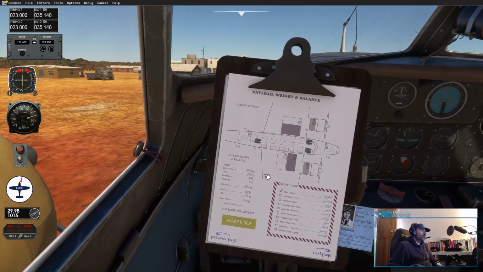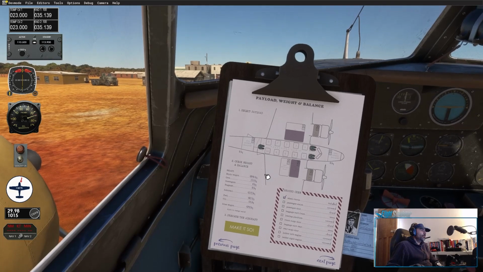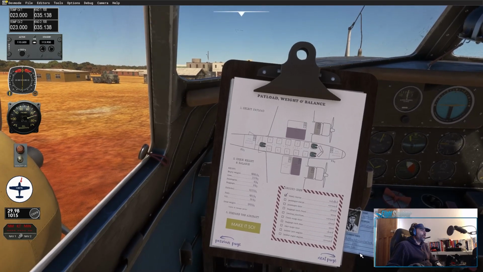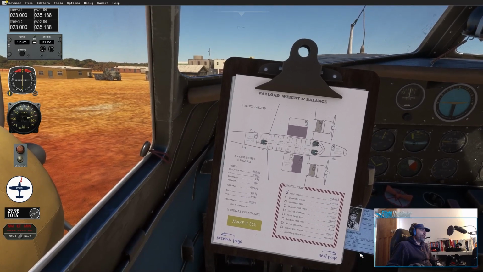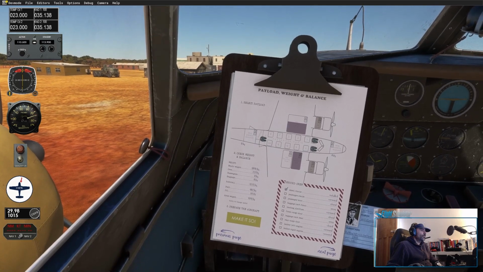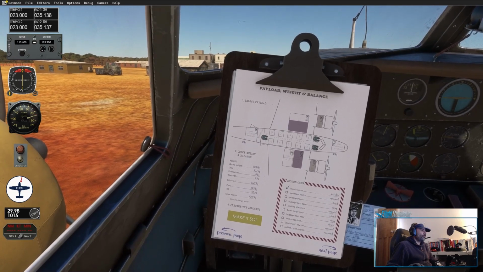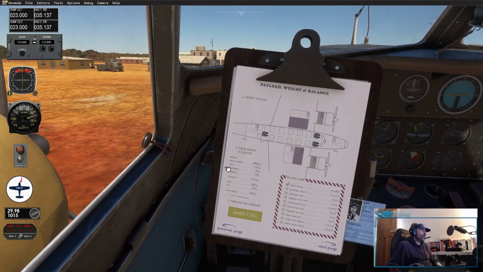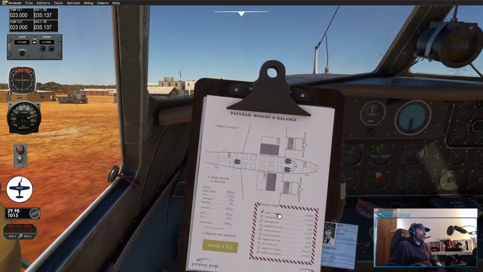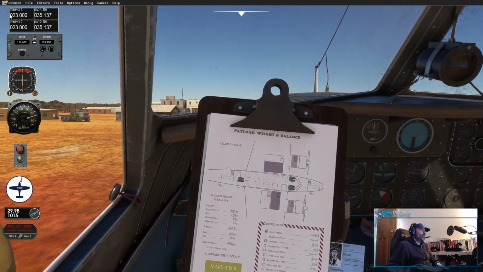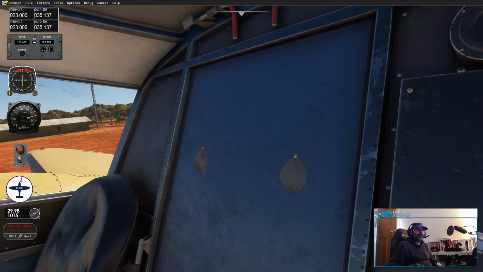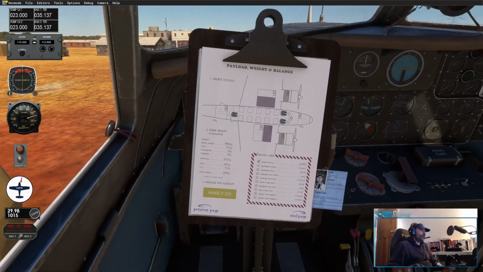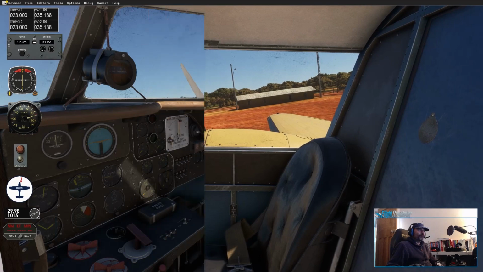I think so. He's refilling the fuel. I'm going to wait until it finishes, and then I will reset the flight so it takes the new temperature correctly. Give me a second.